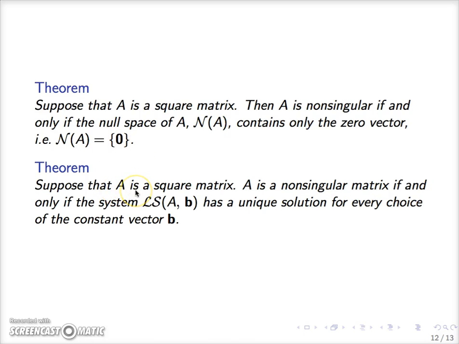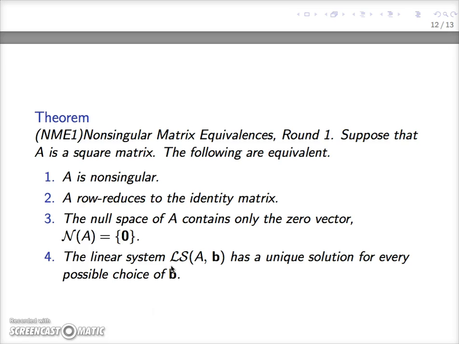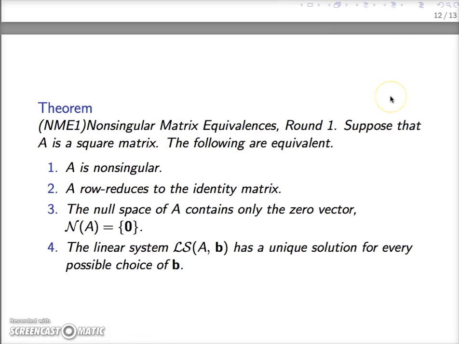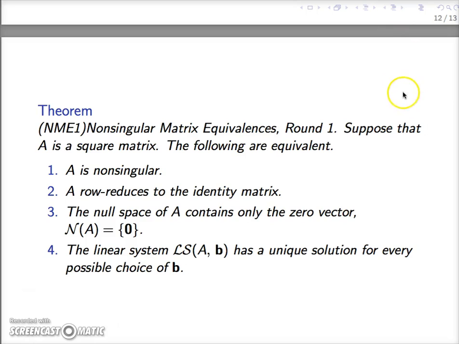And if a matrix is square, it's non-singular if and only if the linear system that has that matrix and an arbitrary vector of constants has a unique solution for each choice of that vector of constants. This theorem is called the non-singular matrix equivalences.